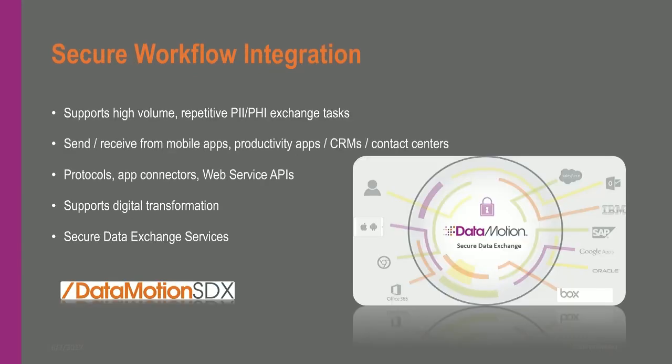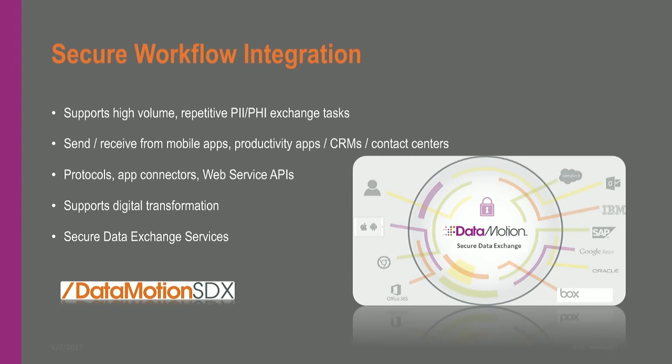In many of our larger customers, they've got high-volume repetitive workflow processes where they're exchanging protected health or financial information very routinely through their business processes. Their users are often working within productivity apps or CRMs like Salesforce, or in contact center applications or mobile applications.